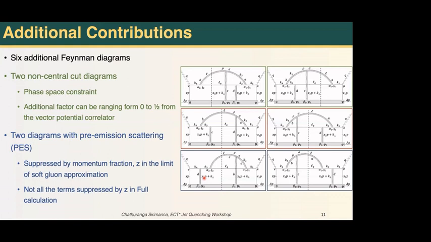You're looking at essentially the same diagrams. If you don't consider transverse momentum, they will not contribute to the leading twist, the result we had before. You now include some momentum transfer, so they do contribute at the next to leading twist.